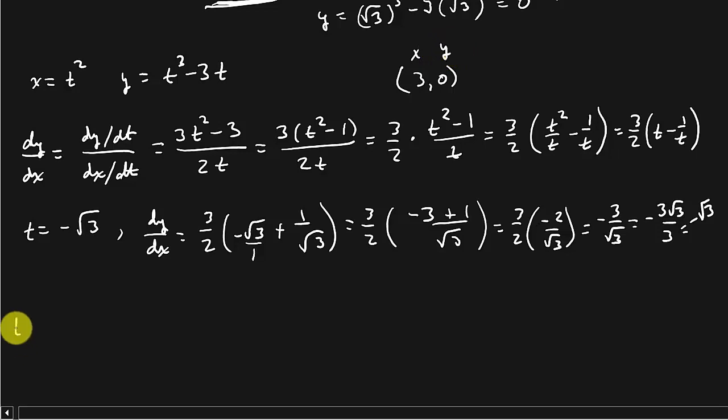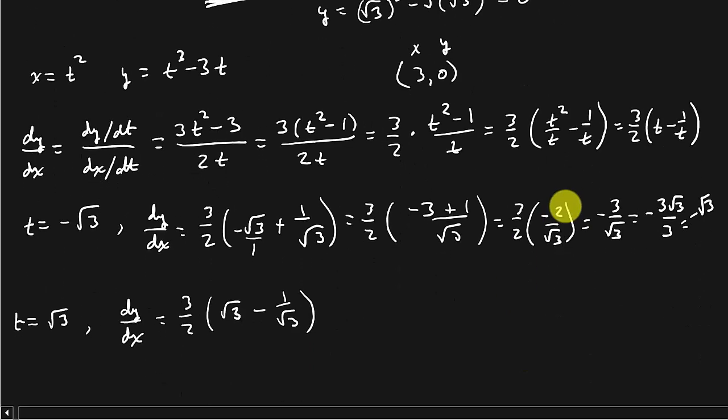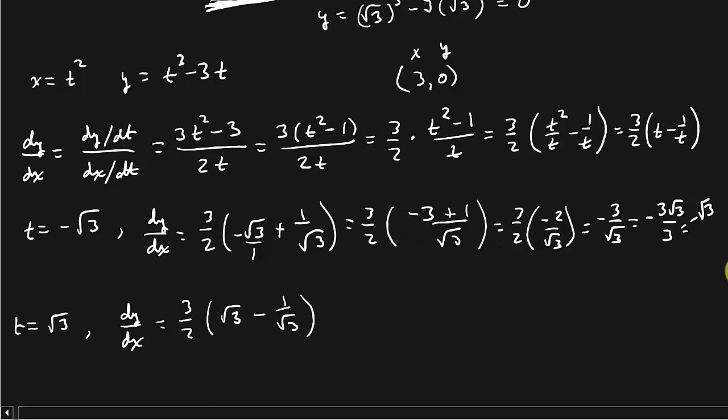All right, so now what about when t equals square root of 3? Well, dy/dx is equal to 3/2 times square root of 3 minus 1 over square root of 3. I'm going to go ahead and find the slope for positive square root of 3 while I'm at it. I'm not going to go through all this again.